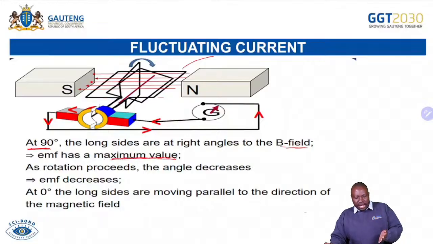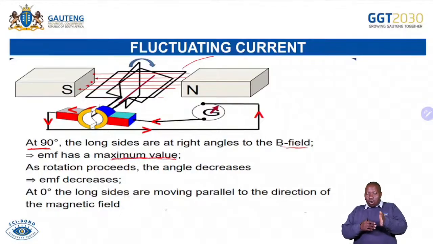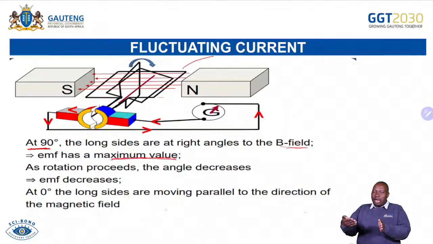And when it's at 0, the long sides are parallel to the direction of the magnetic field. So when our coil, take this as your coil, is in this direction and we have the north and the south here, the magnetic field lines are not interacting with the coil itself. Hence the induced EMF would be 0.